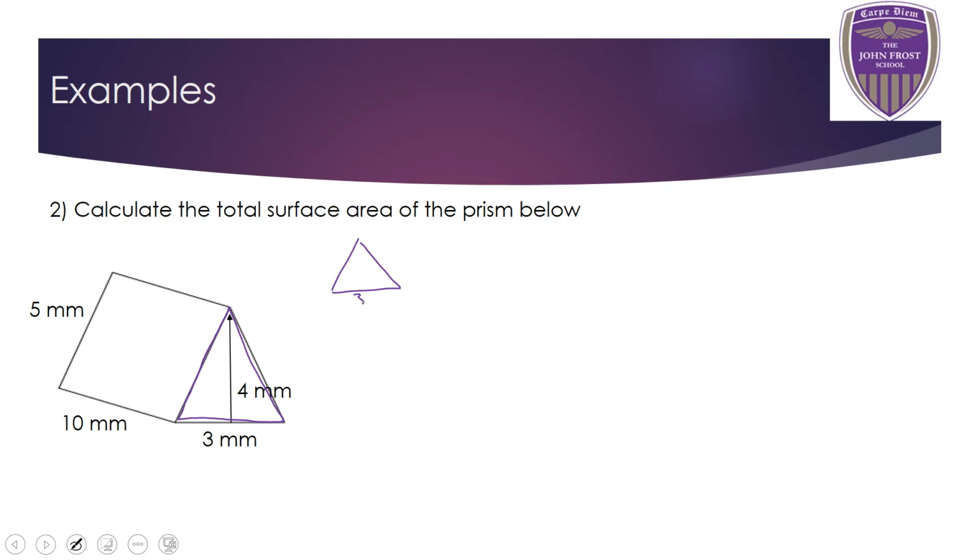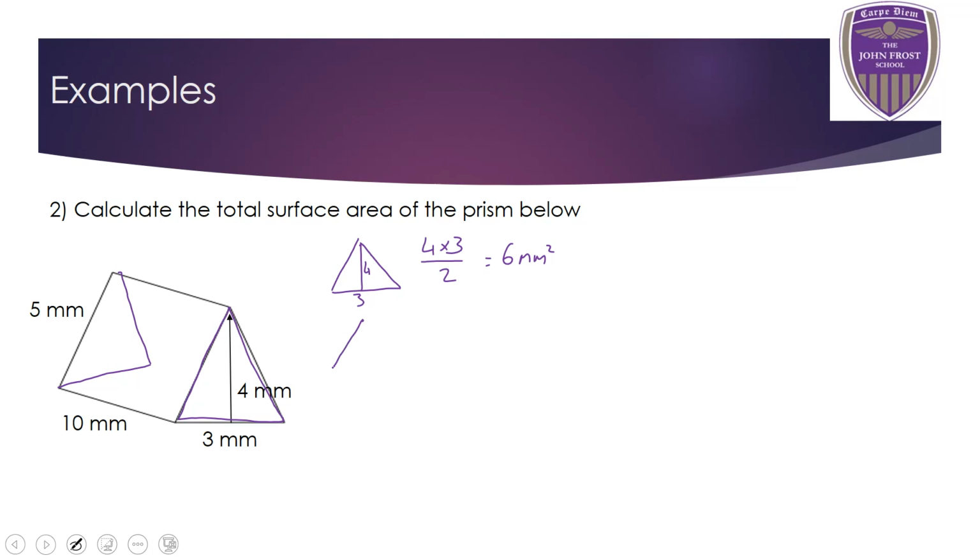We've got 3 millimeters at the base, and the height there is 4 millimeters. So remember to work this one out: 4 times 3 divided by 2. That's 12 divided by 2, that's 6, and in this case, millimeters squared. And again, if I draw in the lines at the back here, then we're going to have another one exactly the same at the back.